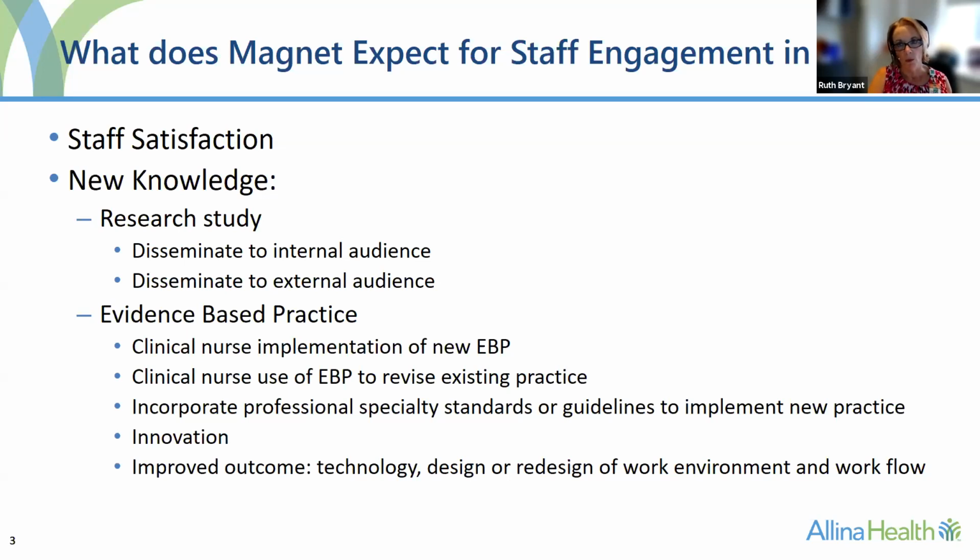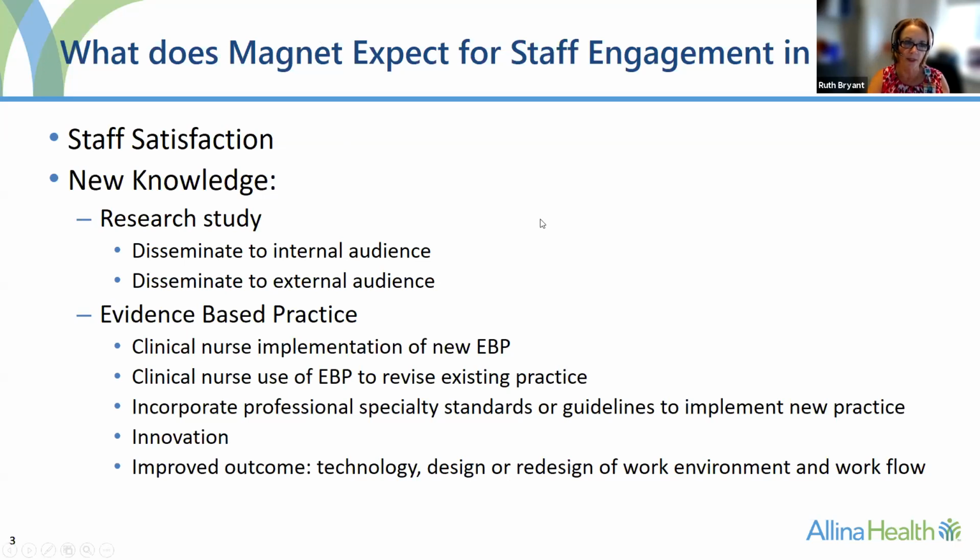So when I looked at what staff engagement means here, we are a Magnet hospital, third designation. I looked at the document to find out what Magnet really says about research and staff engagement. They don't actually use the term staff engagement, they use the term staff satisfaction, and that's in a couple of the different sections.